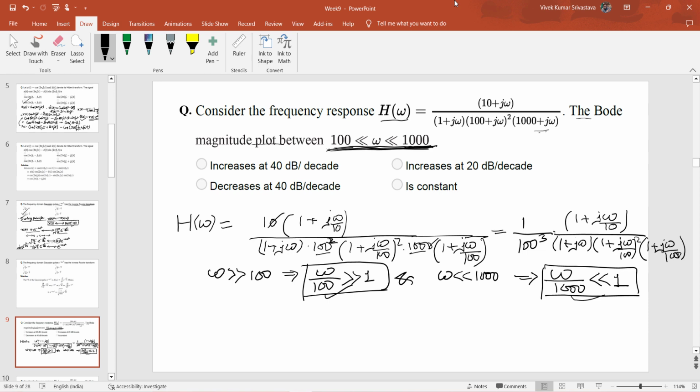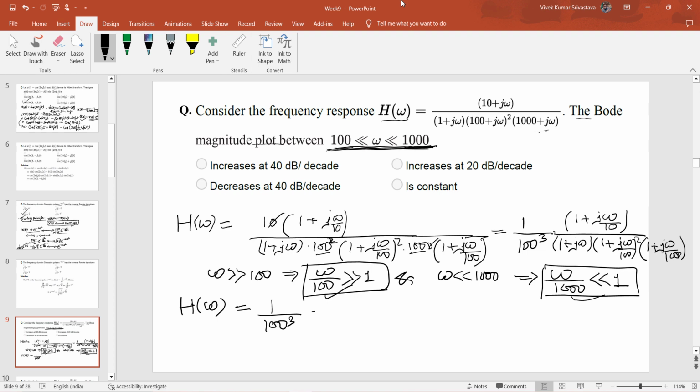So like here, h of omega we can write as 1 over 100 cube into, so for this numerator factor we can check. Omega by 100 is greater than 1.